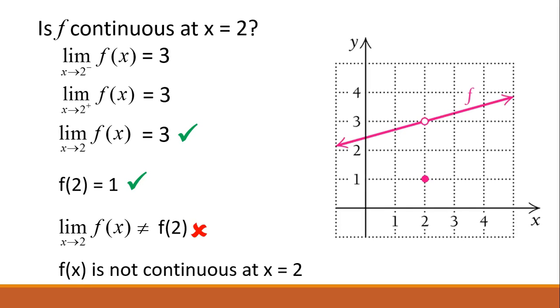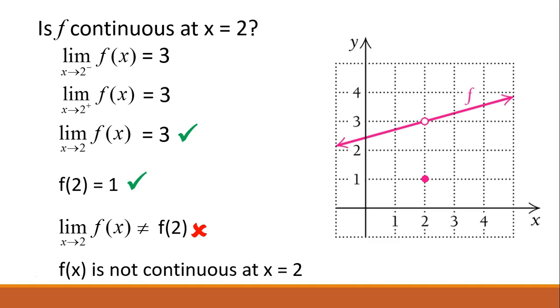So for example, with this function, we want to know if it's continuous at x equals 2. It's pretty obvious from the graph that it isn't, because we have a hole in the graph that we would have to jump over. We'd have to jump down to the point at (2, 1), and then jump back to the graph if we were drawing it from left to right.